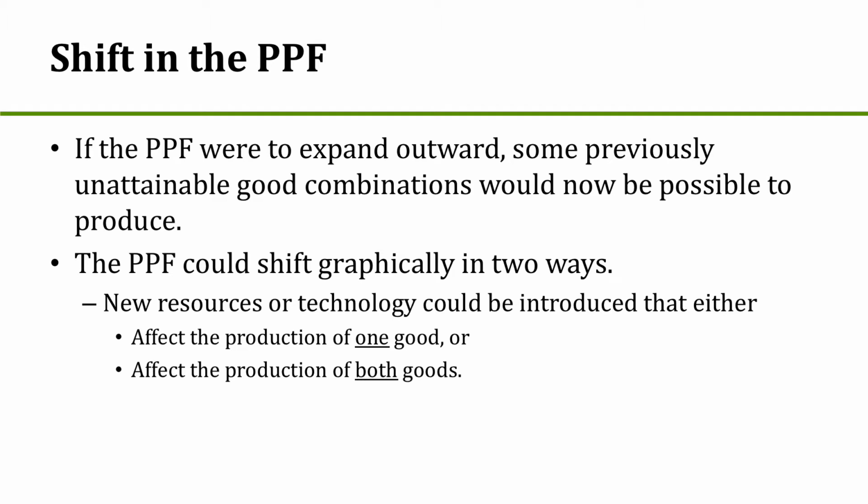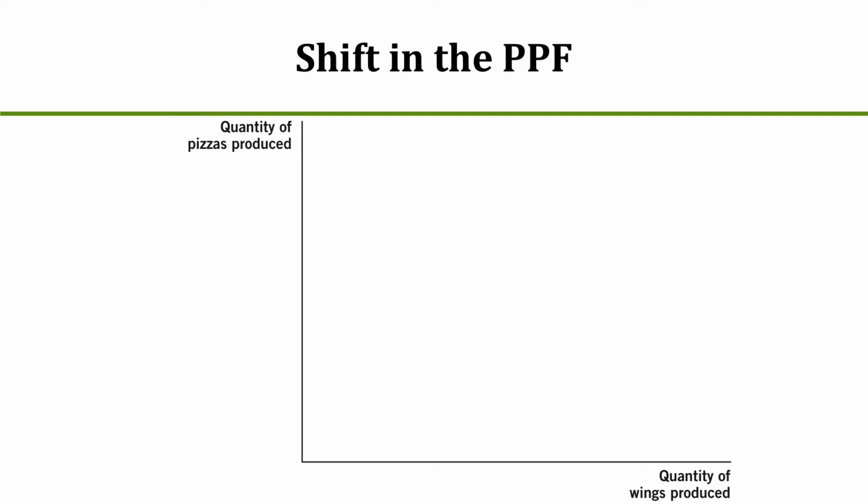If the change in the resources and the technology affects the production of one good, the PPF will shift in one way only. But if the new resources or technology affect the production of both goods, in this case, the PPF will shift in two ways. Let's see what I mean, two ways and one way.